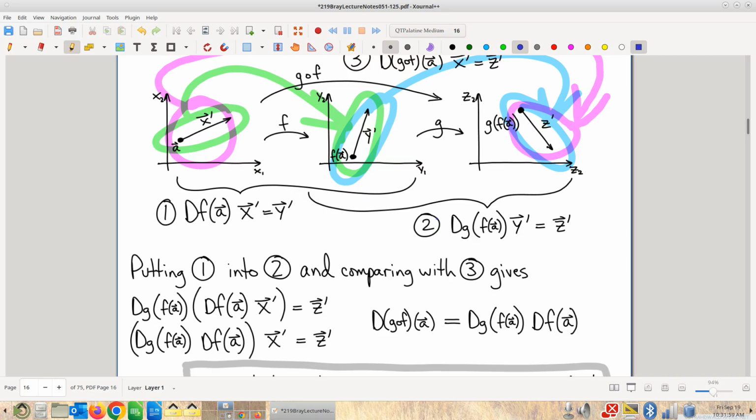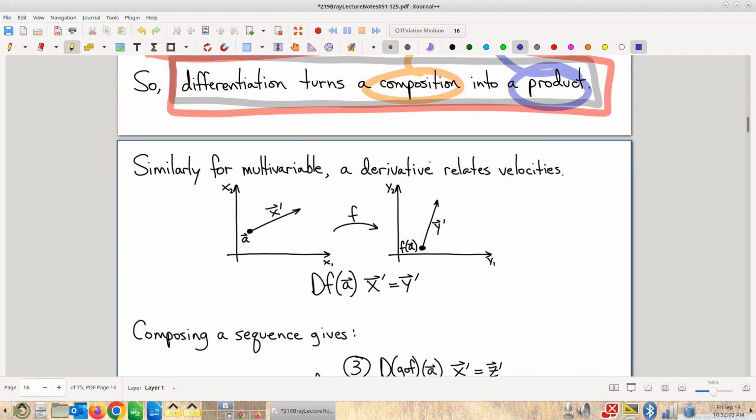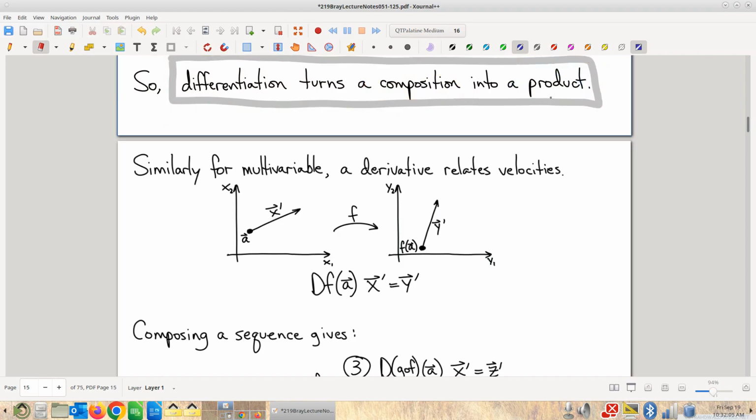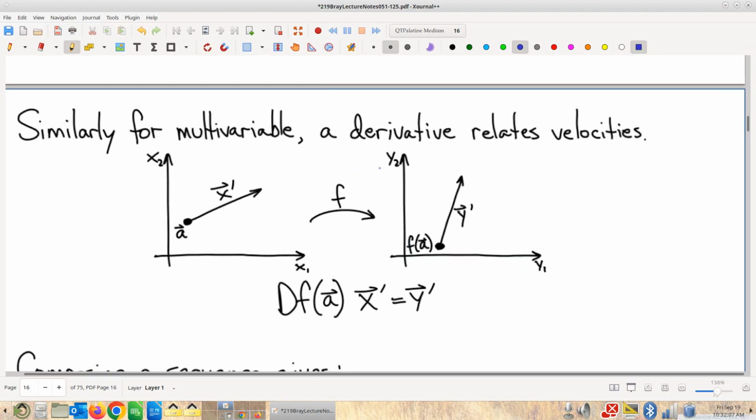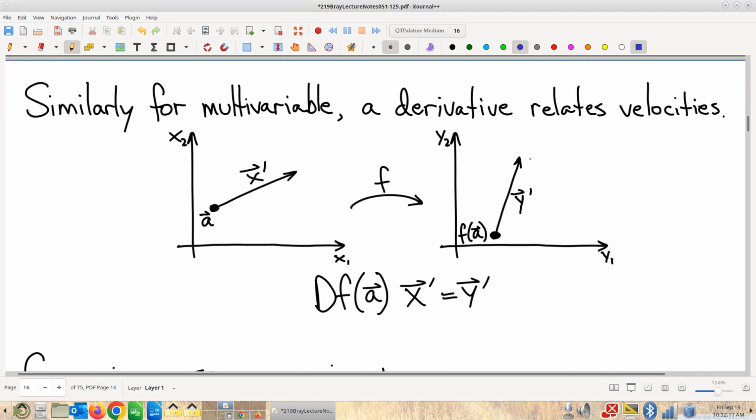Okay. The second little subtlety I need to point out, and this is easily missed. Worse, this is easily mistaken. Again, with the input velocity and the output velocity, the derivative matrix is the thing that you multiply by. Hey, wait a second, though. This derivative matrix is made up of a bunch of partials.